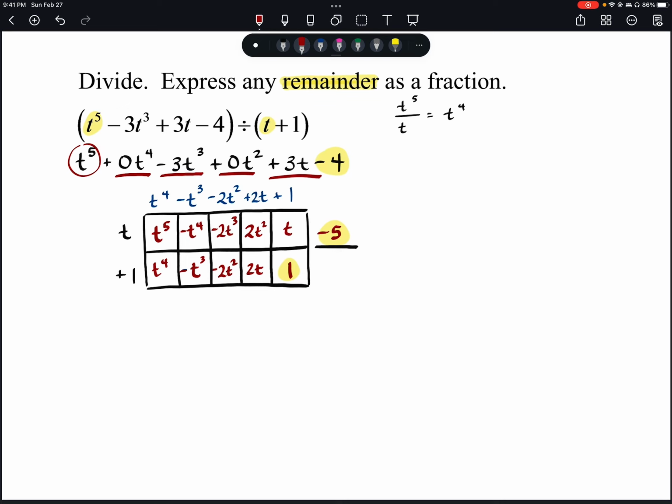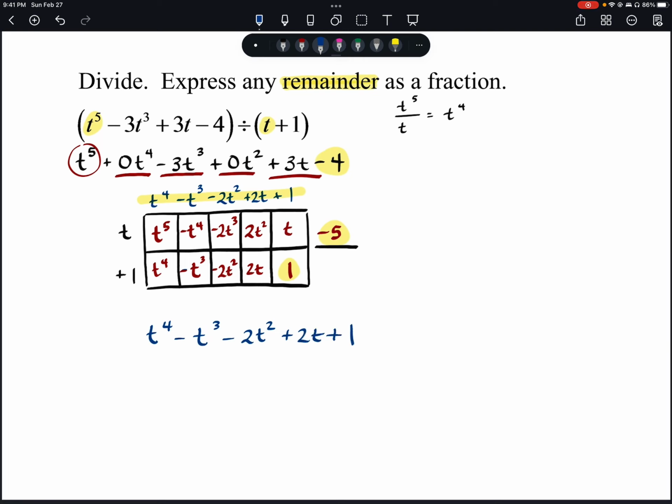Okay, so how does that come into play? Well, our answer, remember, is this whole part of it right here. So we're going to take that, we're going to write it out. We're going to say this is going to be t to the fourth minus t to the third minus 2t squared plus 2t plus 1.